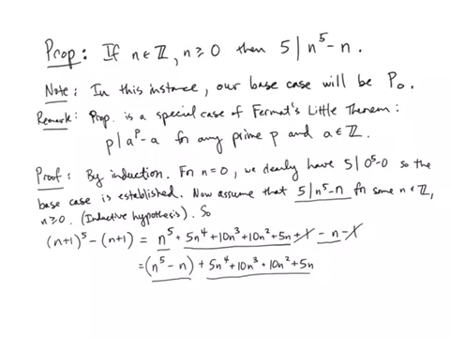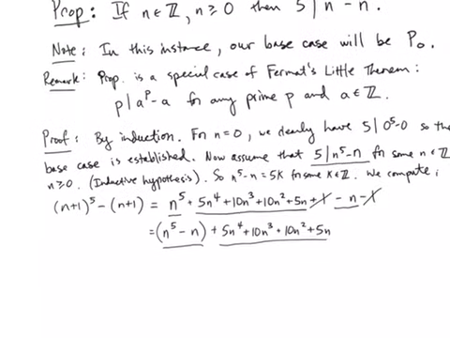So n to the 5th minus n equals 5k for some k in z, and then we compute. So I'll put that line back. I'm just inserting a new line there.